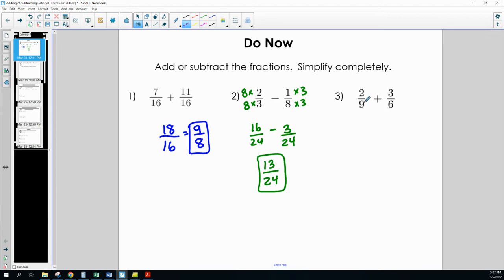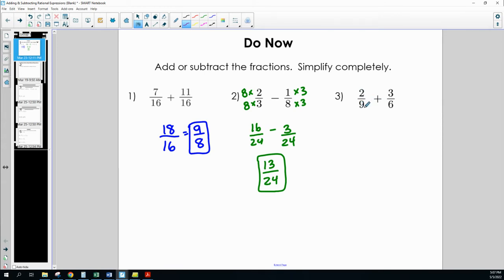In number 3, again, we don't have a common denominator. So you could multiply the 9 by the 6 and the 6 by a 9 to get a 54 as a common denominator, but that's not the least common multiple, which is what we want to find. So we want to see what number we can use. If you want to use 54, that's fine, but we will have to reduce our final answer.